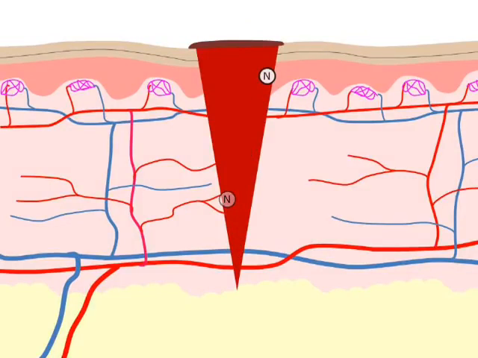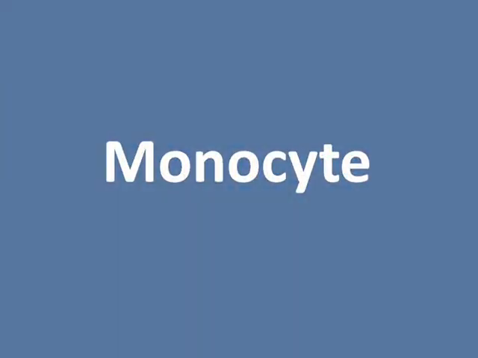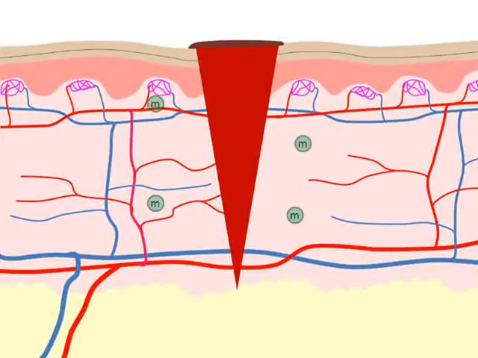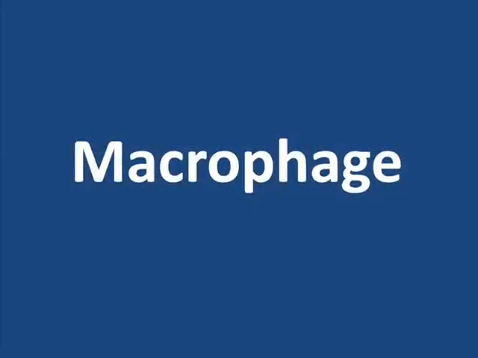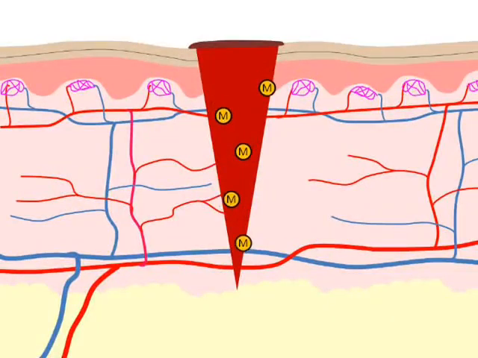At the same time neutrophils are dying off, a different type of white blood cell called a monocyte migrates from the bloodstream to continue the cleanup process. Monocytes mature into macrophages and not only continue to engulf and digest bacteria and debris, but they also engulf and digest the dead neutrophils.